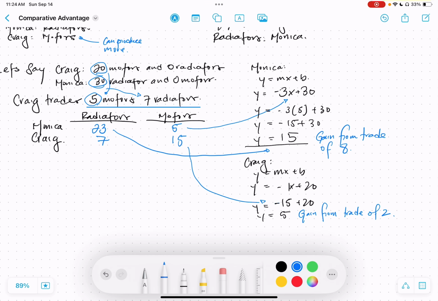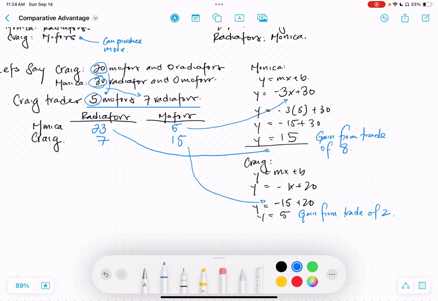Okay. Now the interesting thing about this, and I can just kind of tell you this on the side, is let's say that our gains from trade were 5 to 5, right? So 5 motors for 5 radiators. In this case, what we would find is that Monica would make out with some gains from her trade, but Craig would not. He'd be just at a net of 0, right?